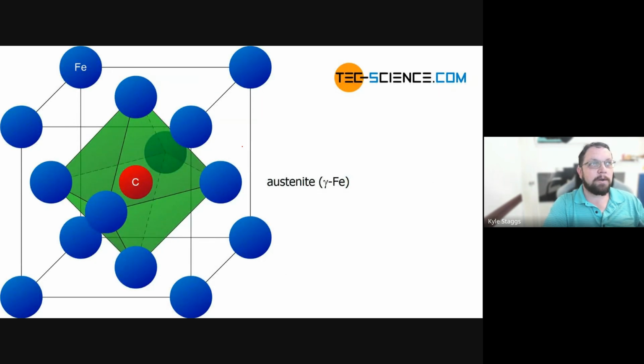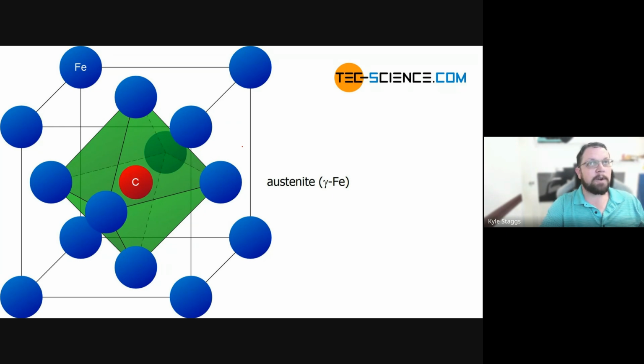So here's another example of carbon in the middle of what would otherwise be simply a face-centered cubic arrangement, but it's helping to highlight what the interaction actually is in the center. So this is austenite, which is the gamma iron.